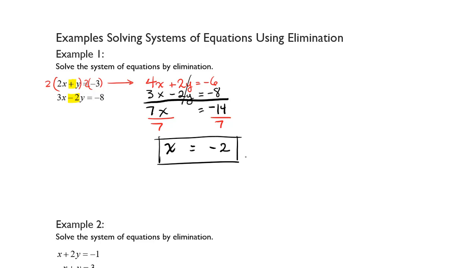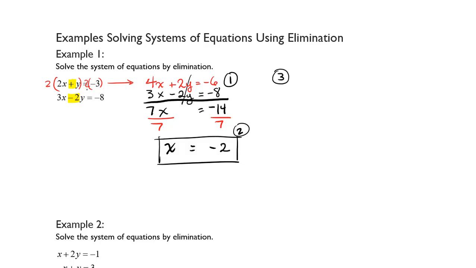Now I can go back to the original equation. Notice, first step, identify a factor to multiply through so one of the terms drops out. The second step is to solve for the variable that's left. The third step is to substitute that value back into either of the original equations.